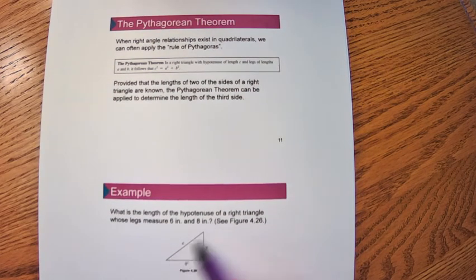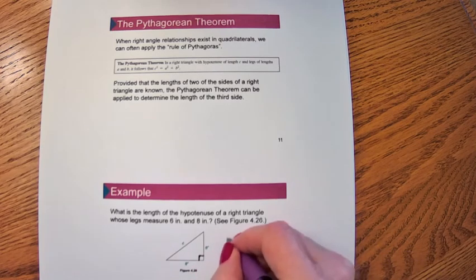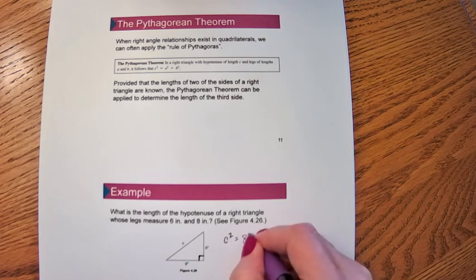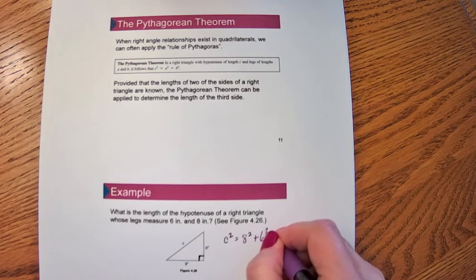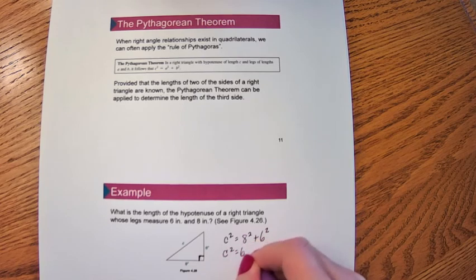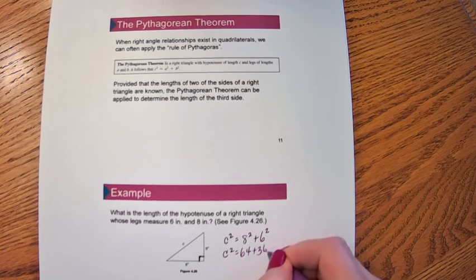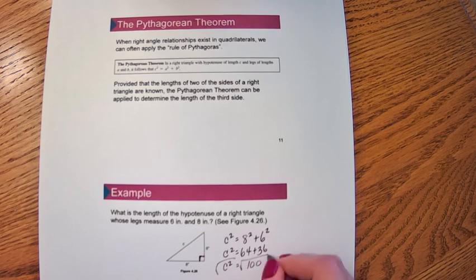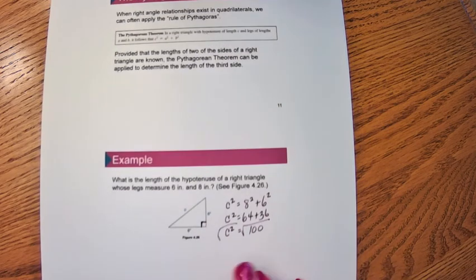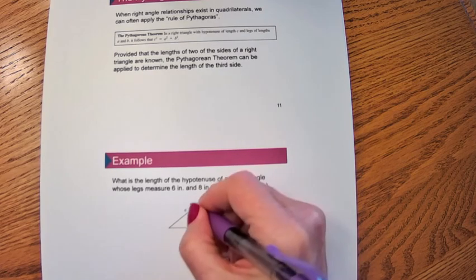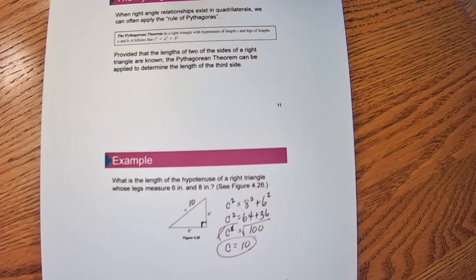So what's the length of the hypotenuse of this right triangle? The Pythagorean theorem is only true for right triangles. So c squared equals a squared plus b squared, so c squared equals 64 plus 36, so c squared equals 100. To get c by itself, I'm going to take the square root of both sides. So c is 10. This is a side length of 10.